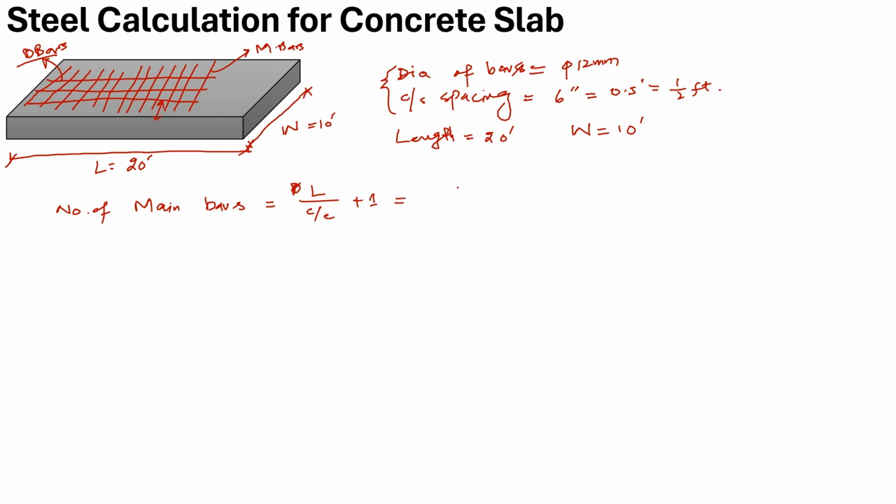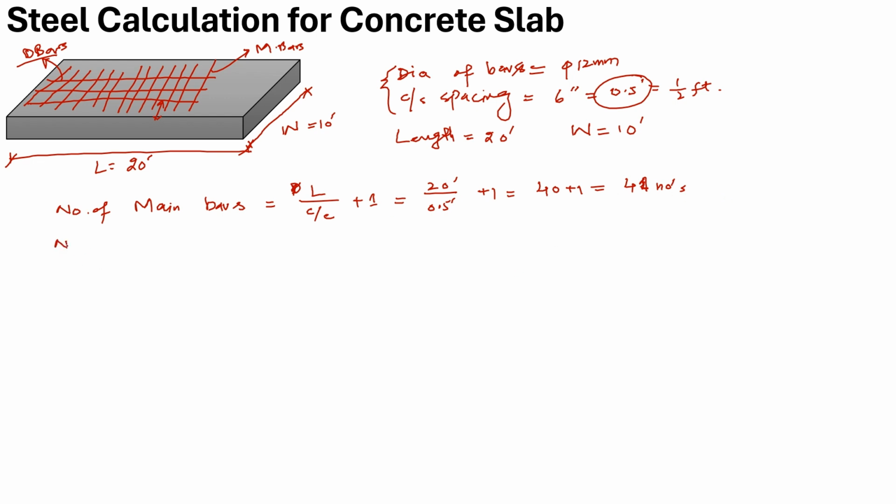So what is the length? That is 20 feet divided by the center to center spacing, which is 0.5 feet, because this is in feet. So this center to center spacing will also be in feet. So it will be equal to 40 plus 1 equal to 41 numbers. So the total number of main bars required in the longitudinal direction is equal to 41.